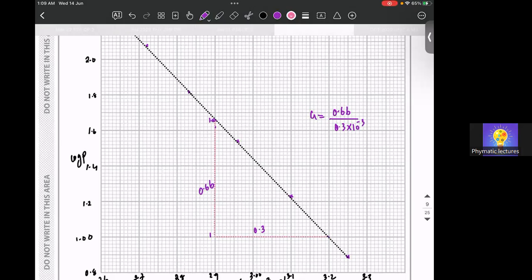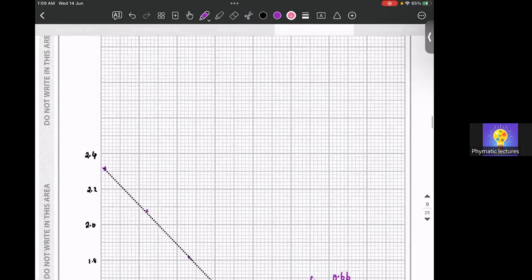You can just input in your calculator 0.66 divided by 0.3 multiplied by 1000. So I'm getting -2200 as the gradient.